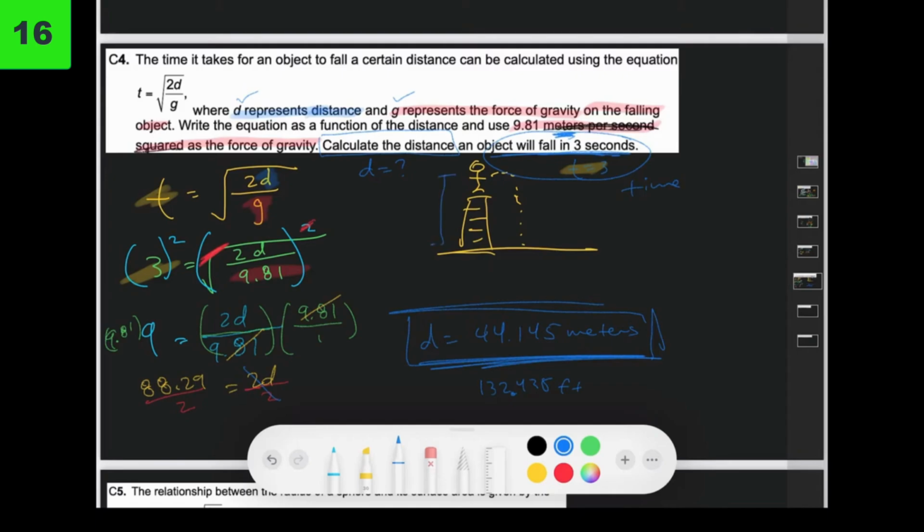This thing, 132 feet. And that's like 13 floors. But here's the crazy thing, is that it is only taking 3 seconds to fall down. That does make sense, because if you're on the 13th floor and you drop a penny, it's going to go pretty fast.